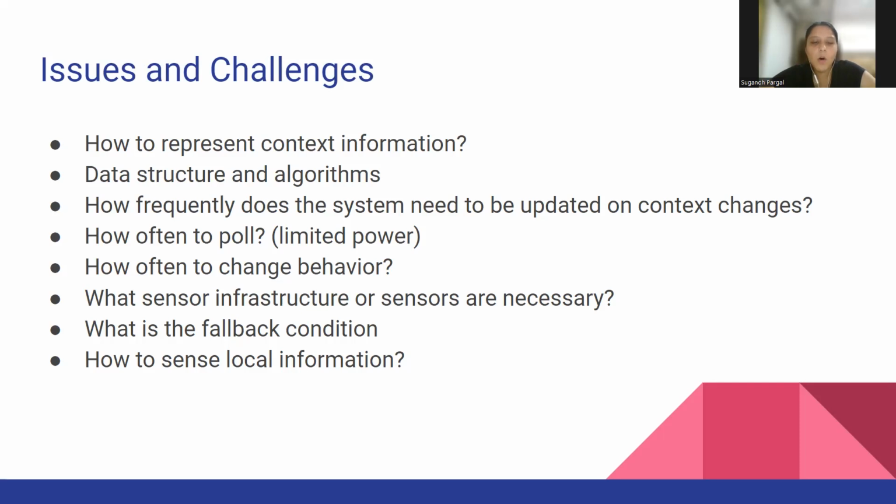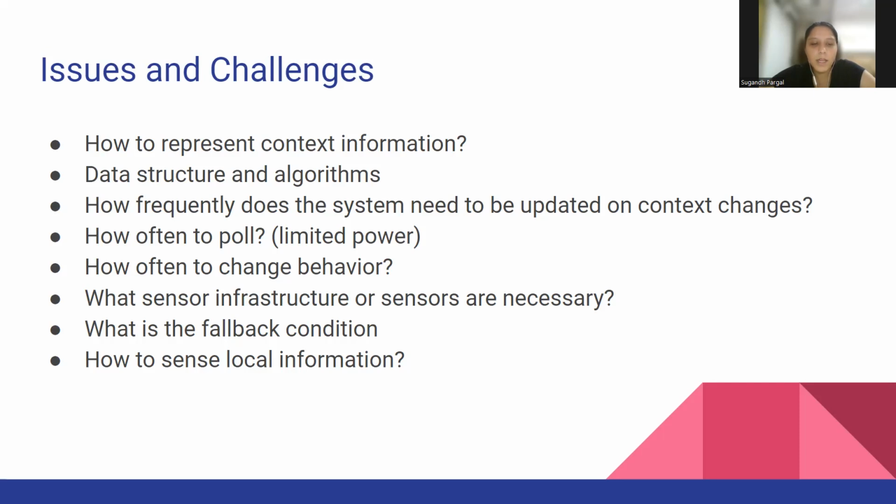Next is how often to poll. For example, if we update the context at each second or each millisecond, then the power consumption will be very high and the data collected will be very large, thereby leading to higher power consumption. So we also need to decide how often we need to poll.